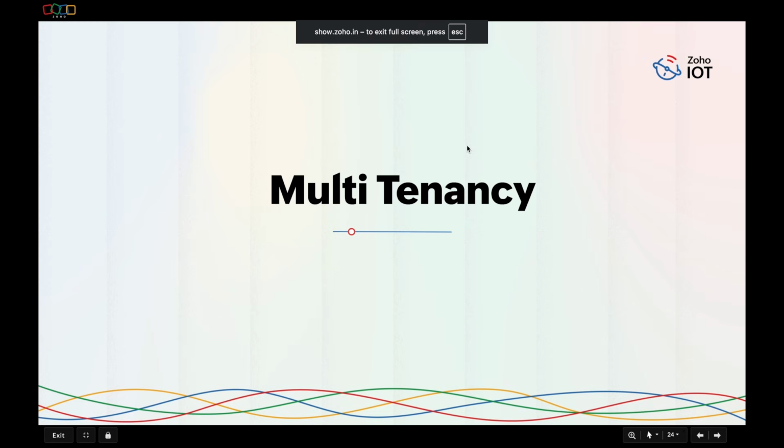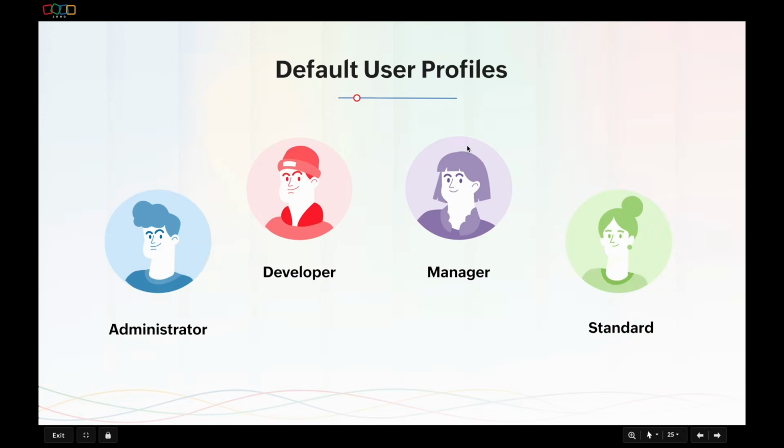As part of multi-tenancy, the platform provides various ways. Number one is we have default user profiles, where we have administrator, developer, manager, and standard. The administrator would have the entire privilege to create applications, invite the users, and set up everything across the things, like adding the models and things.